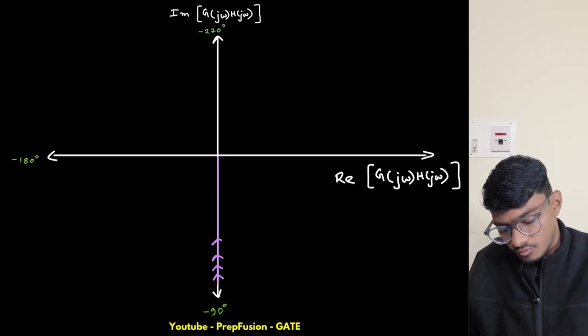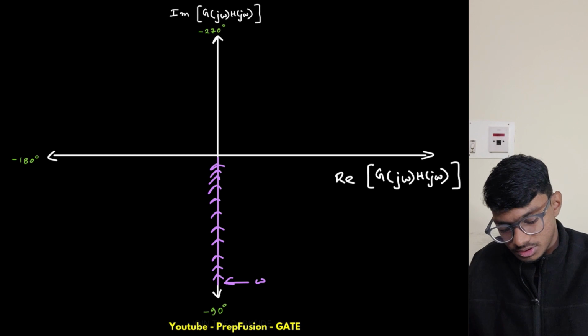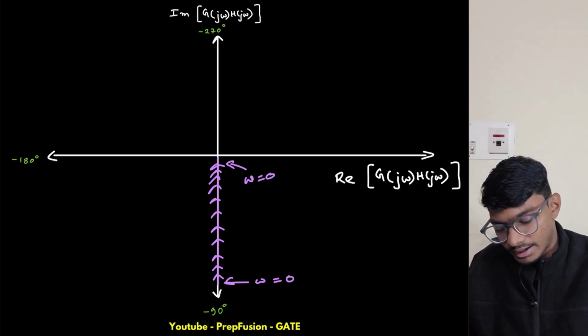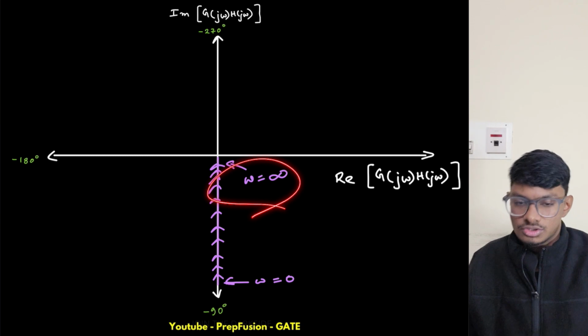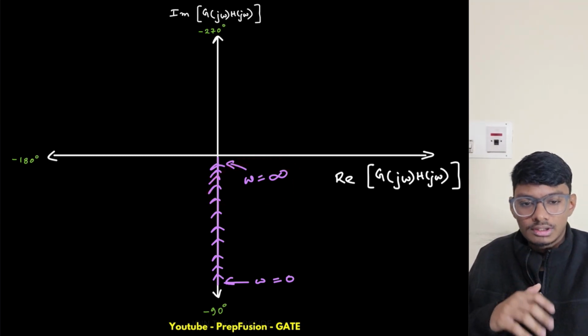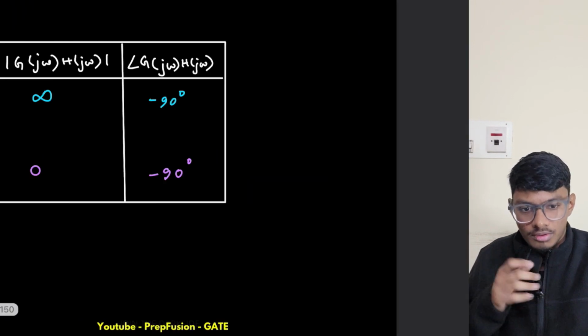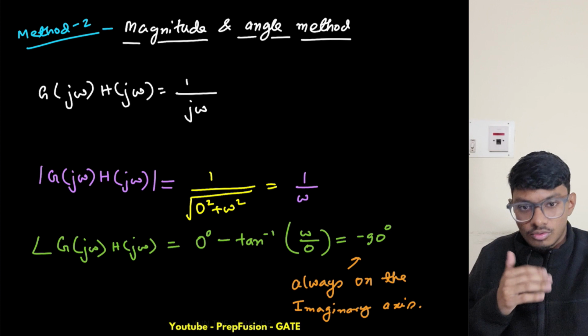It will go from this point, which is omega equals 0, to this point, which is omega equals infinity, and the angle is always minus 90 here. So yeah, this was rather simple. Let's do a few other problems here, you will understand.